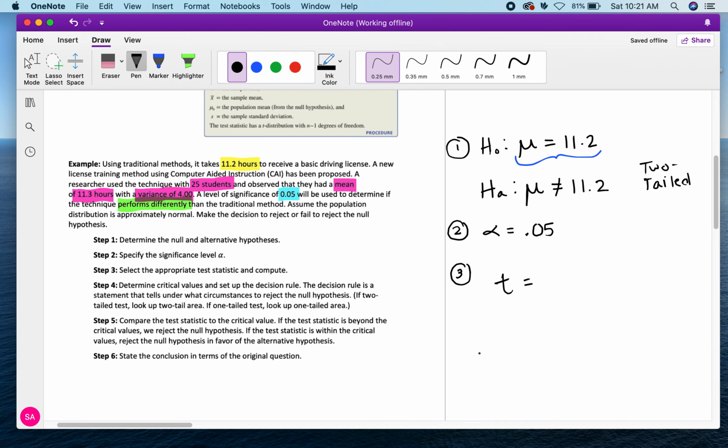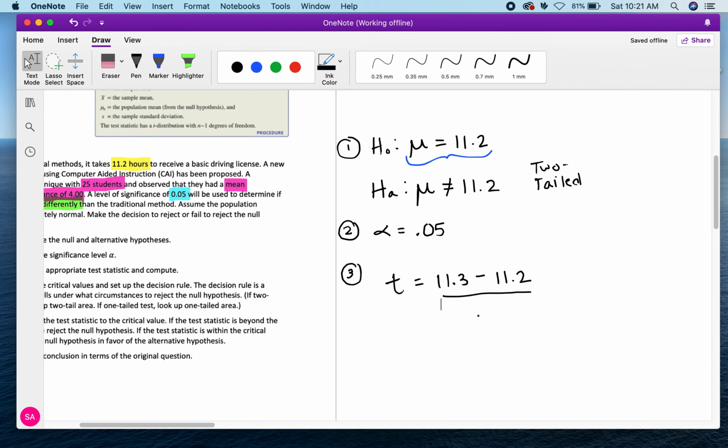And let's calculate our statistic. So it's the sample mean. I have all the sample data highlighted here in pink. 11.3 hours minus our population mean, which comes from the null hypothesis, which is 11.2. Divide that by the sample standard deviation. Now they give us the variance.